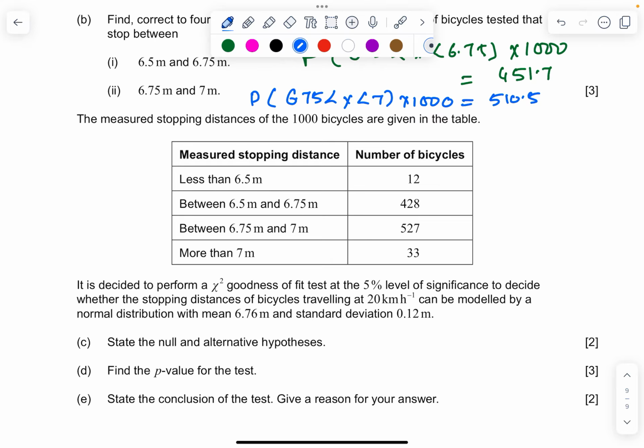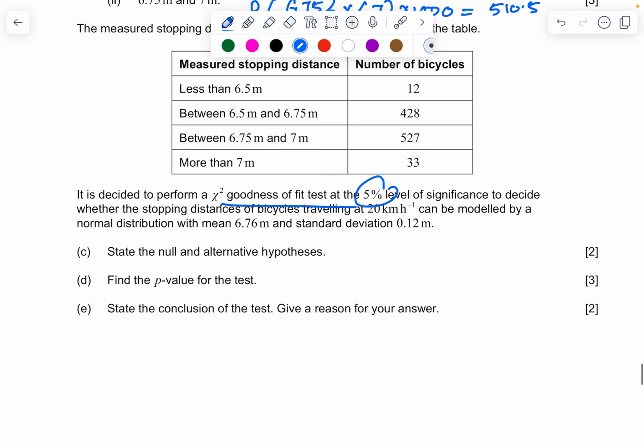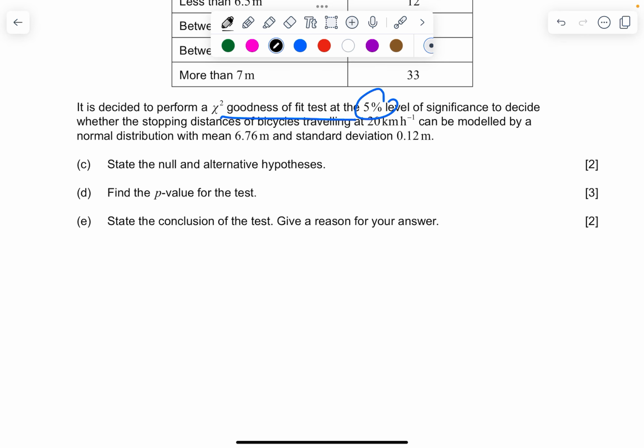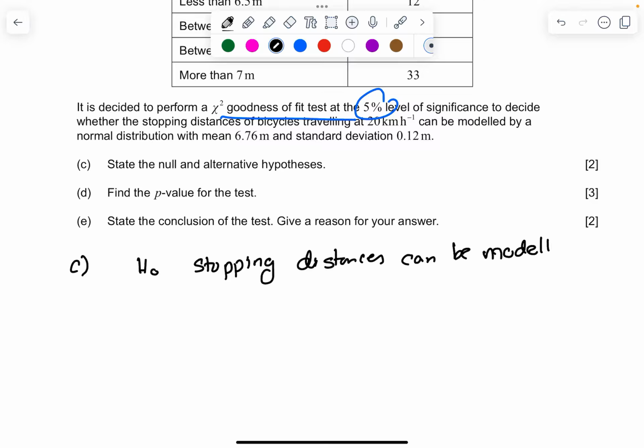The measured stopping distances of 1,000 bicycles are given. It is decided to perform a chi-square goodness of fit test at 5% significance level to decide whether the stopping distance of the bicycles can be modeled by a normal distribution or not. Write down the alternate and null hypothesis. So the null hypothesis is stopping distances can be modeled by a normal distribution of mean 6.76 and standard deviation 0.12.